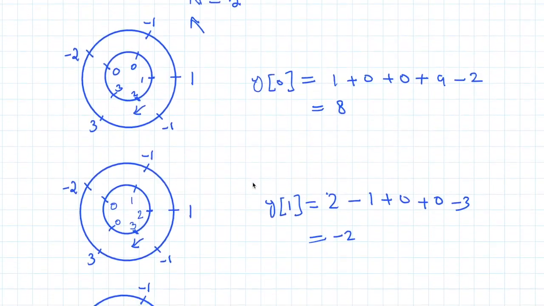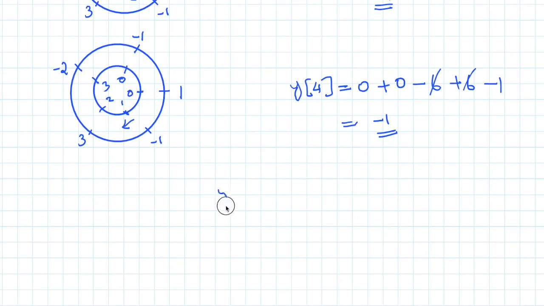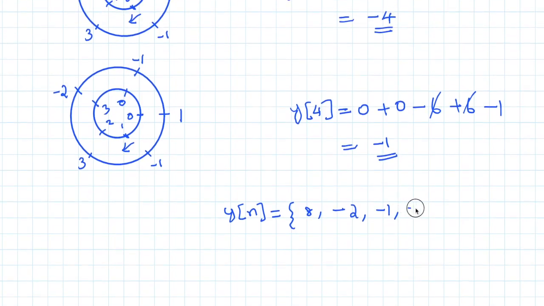Okay, so the output signal y of n is 8, then minus 2, minus 1, minus 4, minus 1. Okay, so this is how you find the circular convolution of two sequences using concentric circle method.